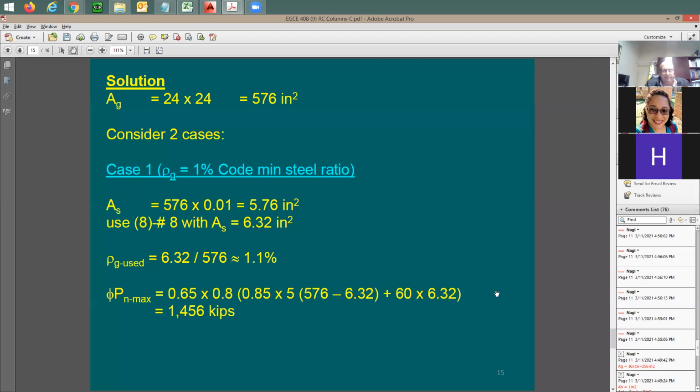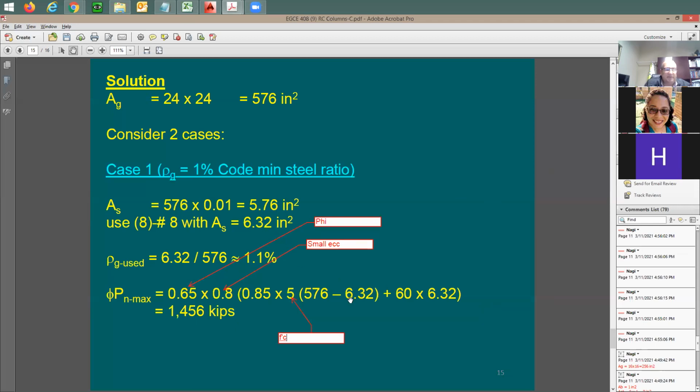From the equation. Now, I guess you are aware of this equation, but let's go through it again. This 0.65 is going to be your phi factor, right? 0.8 is your constant for the small eccentricity. 0.85 F prime C. What is this F prime C? 5 ksi, concrete strength. 576 is going to be A gross, subtracting AS.